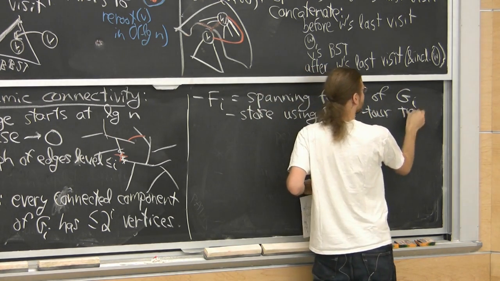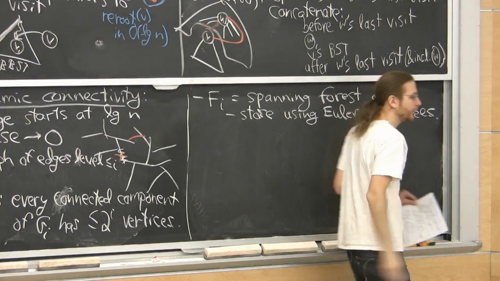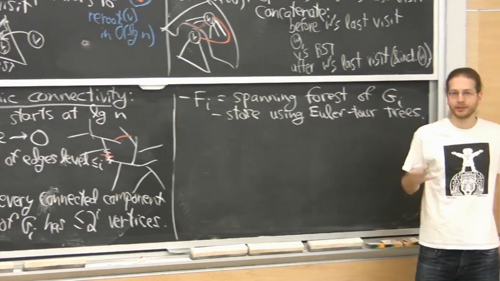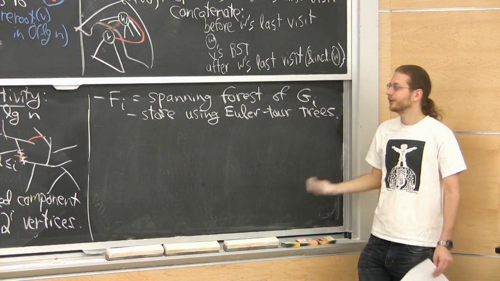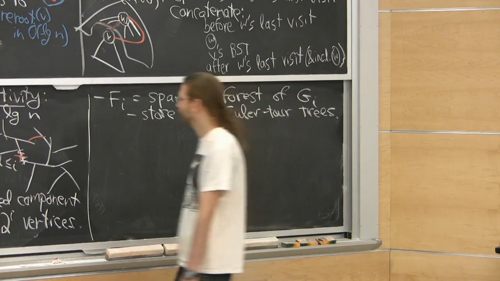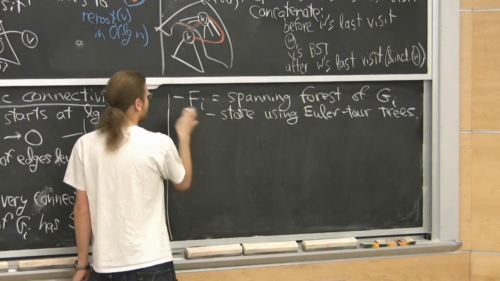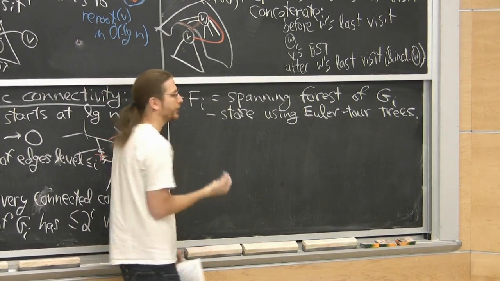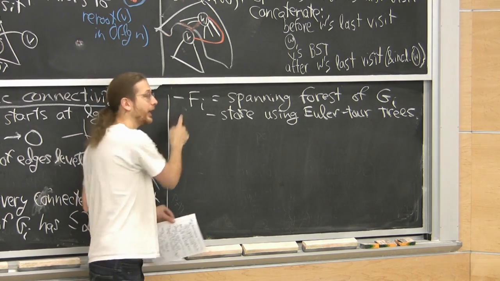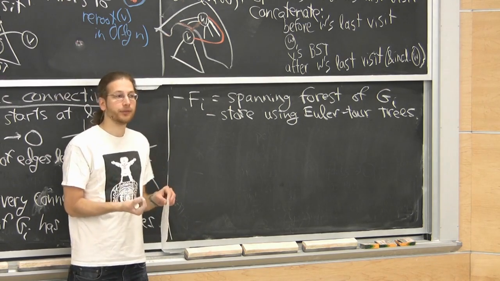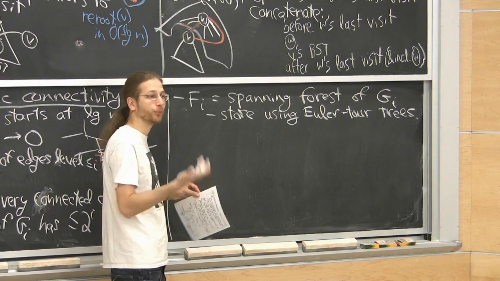There's this issue of pluralization, I'll say trees, because F_i is disconnected. Each connected component you store using an Euler-tour tree. And together it's an Euler-tour forest, I suppose. Okay, so that way we can do a query, and so given 2 nodes, we can know whether they're in the same connected component in F_i just by seeing whether they live under the same root.